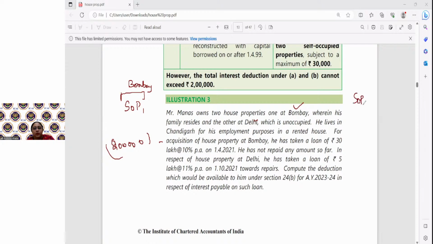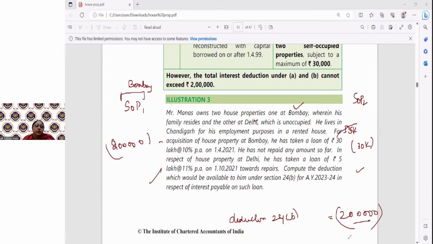SOP 2 में total interest is loan is taken on 1st October 21. ठीक है, 5 लाख 11% पे, तो इस साल तो पूरा अलाउ होगा 55,000. रिपेयर है 55,000 का लोन है, तो मैक्सिमम कितना अलाउड होगा गाइस? 30,000. बट दोनों को कंबाइन करके 2 and 30, the reduction maximum under section 24B for both self-occupied property in combination is 2 lakh. 2 lakh इसका भी अलाउड हो गया, 30,000 इसका भी, but maximum allowed is 2 lakh.